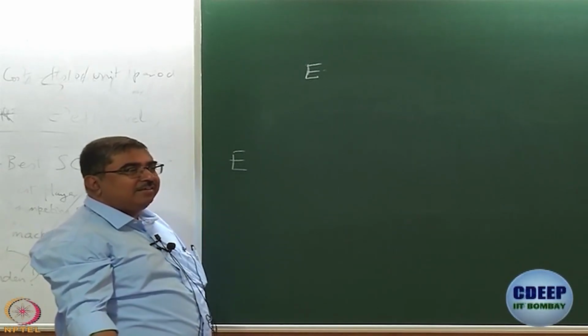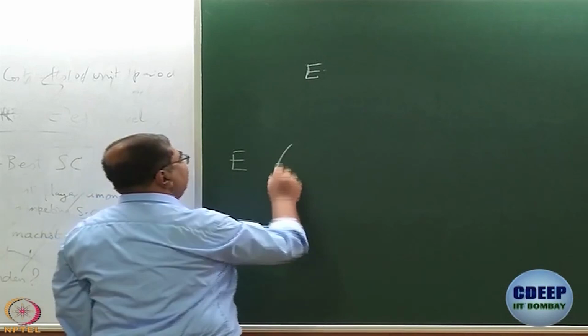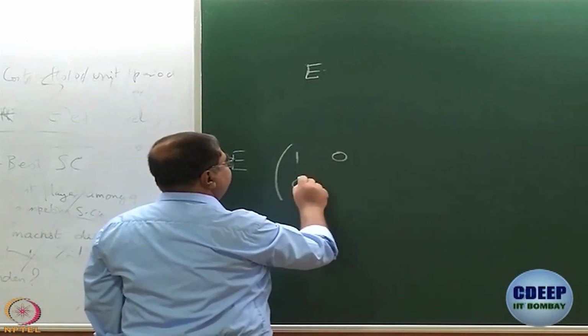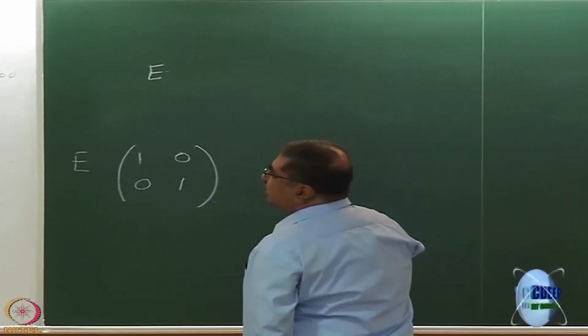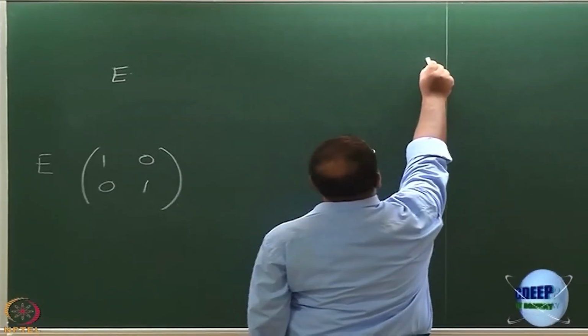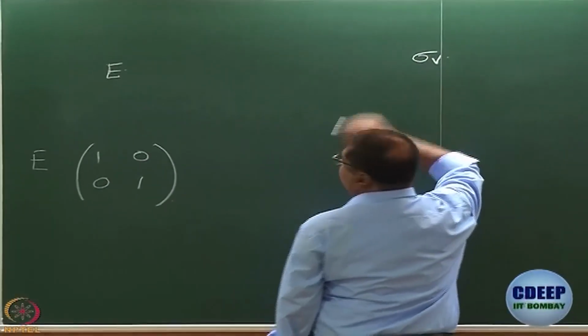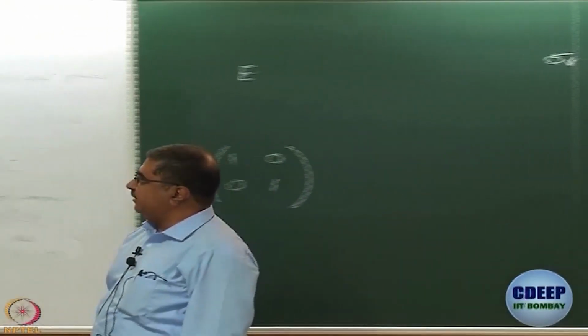Yeah, 1 0 0 1, that is very simple. What is it for, okay, let us do sigma V first. What will it be for sigma V?